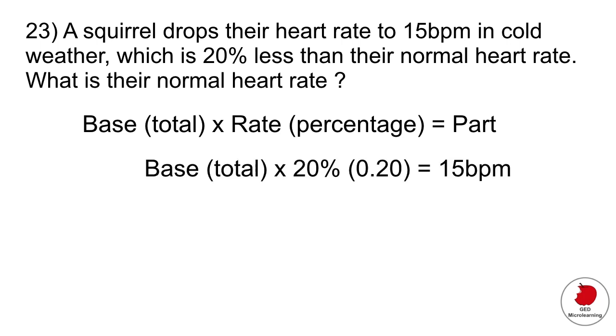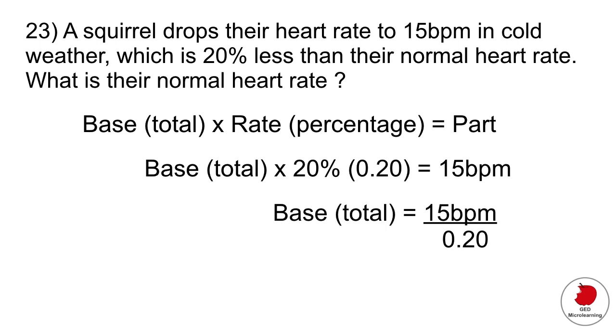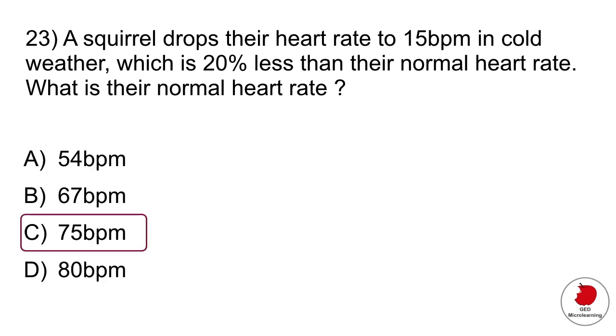So if we plug those numbers in like this, then to find the base total, you would just divide 15 by 0.20. That gives you that the normal heart rate is 75 beats per minute. That would be the total, or the base. Option C.